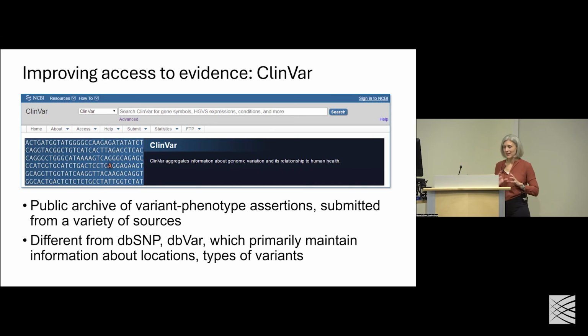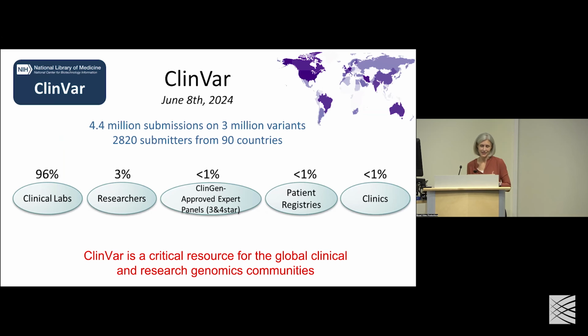Given that we spent time talking about GenCC, and I've mentioned ClinVar a few times, I just want to highlight a little more that ClinVar is a publicly accessible database where many groups are submitting their variant classification information. The ClinGen expert panels submit all of their classifications in ClinVar, but also the most variants within ClinVar are submitted by clinical labs, about 96% at this point.